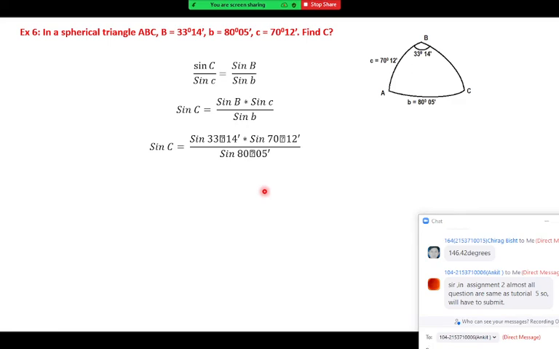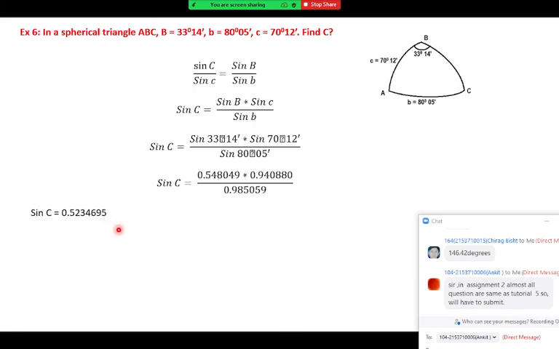Okay, next step, use a calculator, do this calculation. If you do this calculation, sine of capital C will become like this. Multiply and divide these numbers. Sine of capital C becomes 0.5234695. So this is the value of sine of capital C.